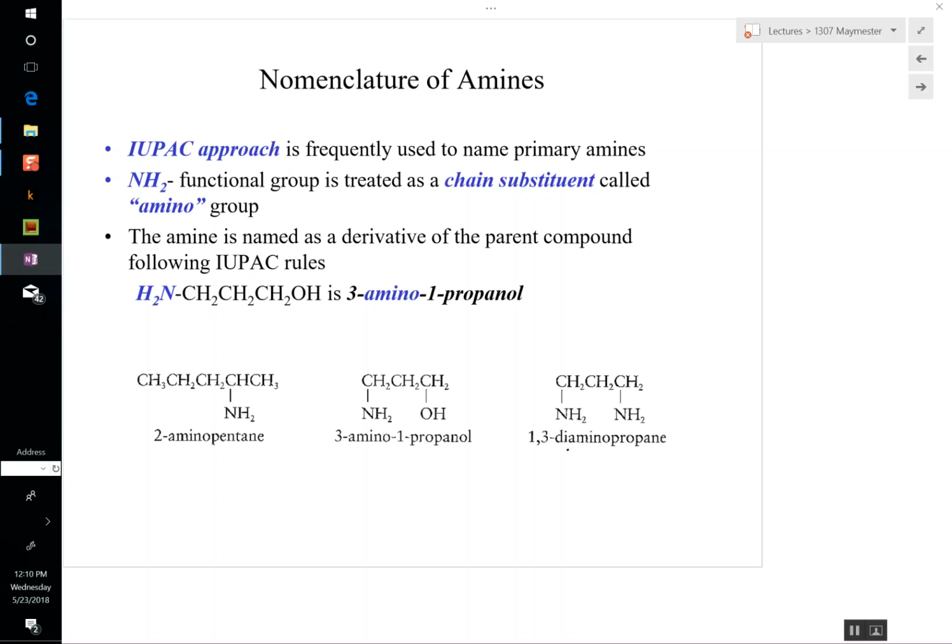Okay, here's a good default. Whenever you invoke this functionality into the parent name, then start numbering the carbons based on it. So if we're going to call this propanol, and that OH is on that carbon, that's going to be the number 1 carbon, because this is the parent name. So that's driving the numbering of the carbons.